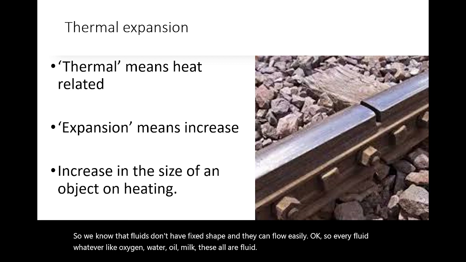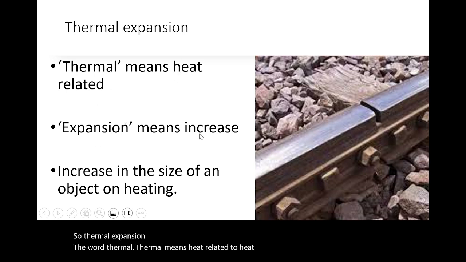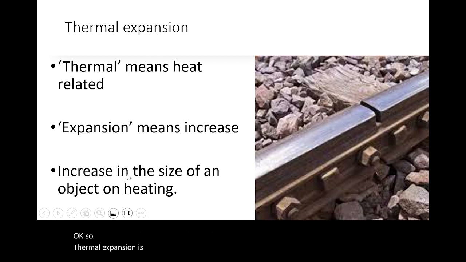Now what is thermal expansion? The word thermal means related to heat, and expansion means increase, to grow. So thermal expansion is the increase in the size of an object on heating.